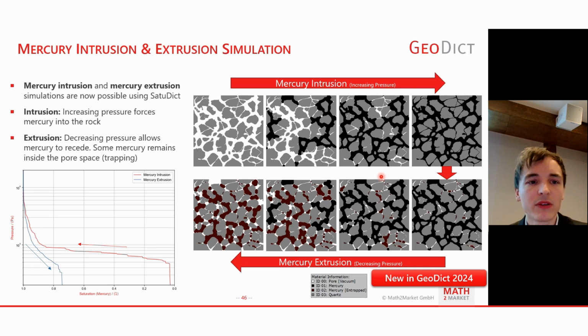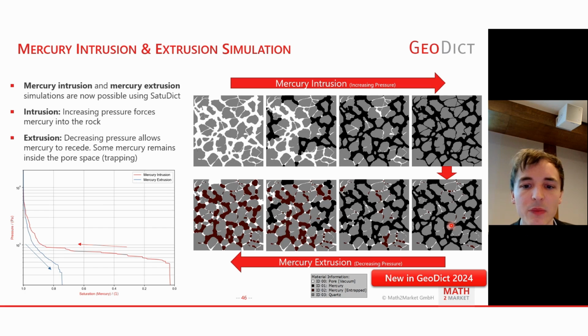New in GeoDict 2024 are not only mercury intrusion, but also mercury extrusion simulations, which became available just now. On the top right-hand side, you can see what a conventional mercury intrusion looks like. You force mercury into the pores of your sample until the sample is fully saturated. Then you release the pressure, and after that you have mercury parts left within the pore structures.